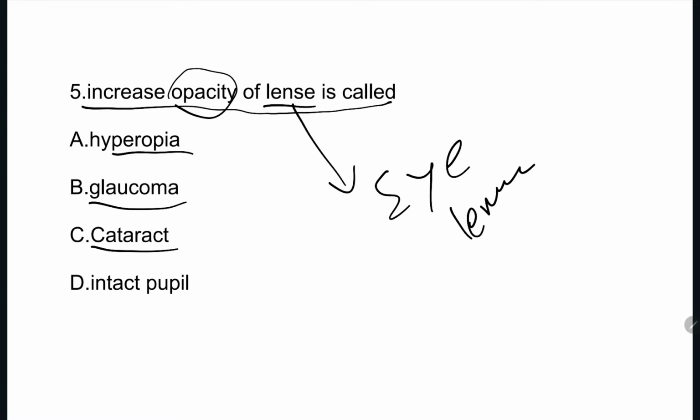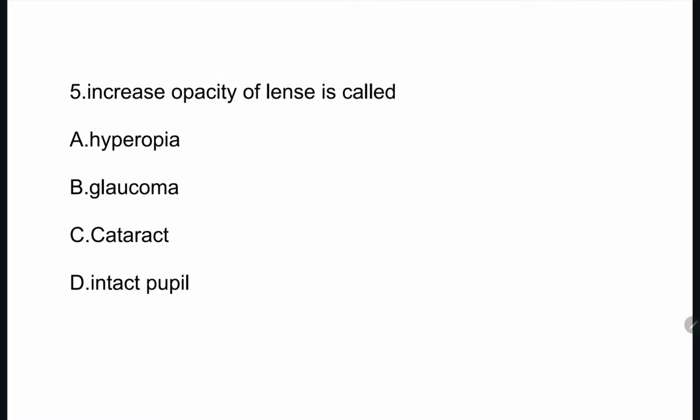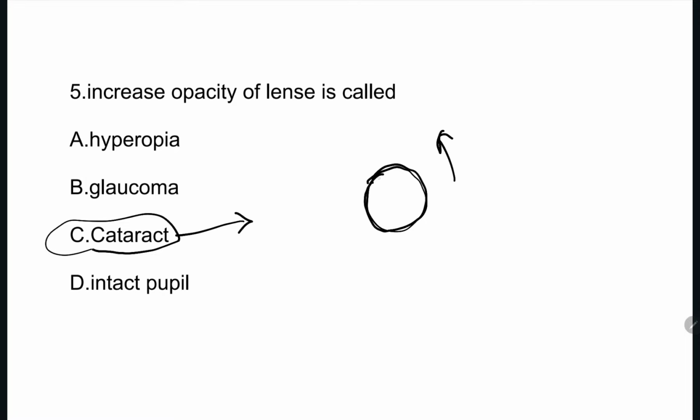Option C, cataract. Option D, intact pupil. The right option is cataract. Okay, so cataract is a condition. What will happen? The lens opacity will be increased, so the person cannot see the objects clearly. So it is like a cloudy appearance.